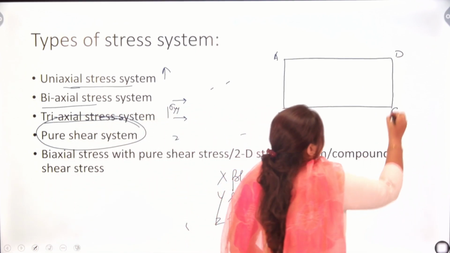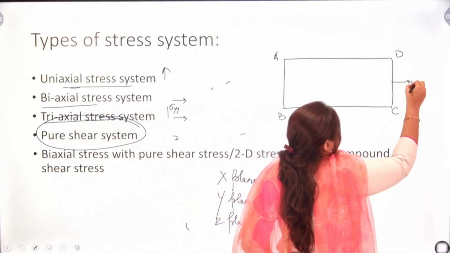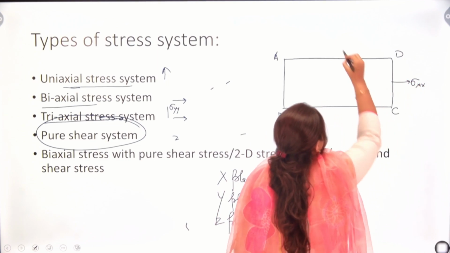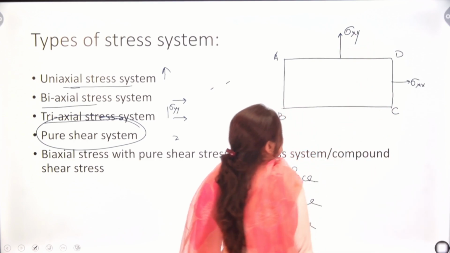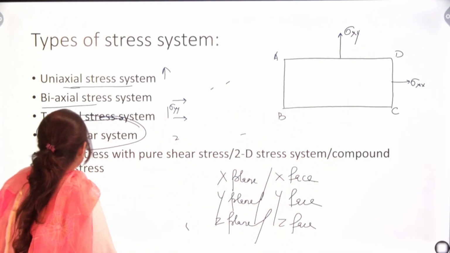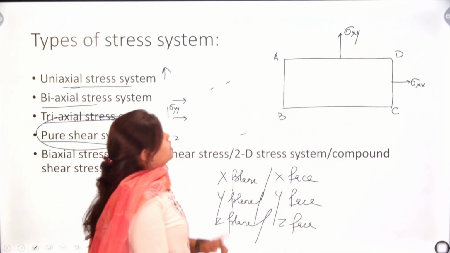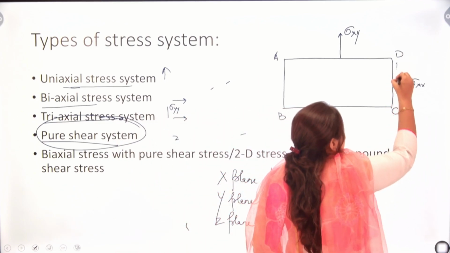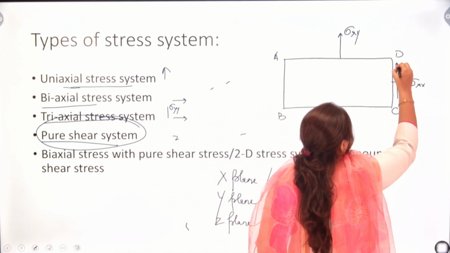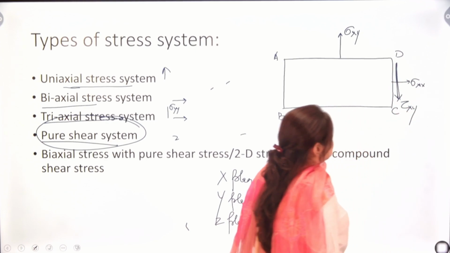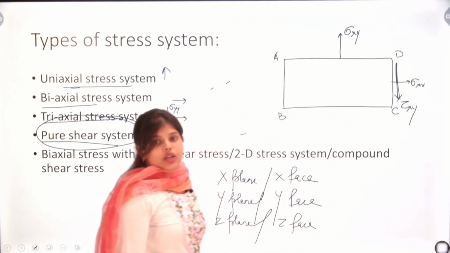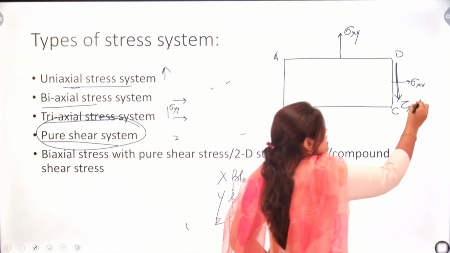In this direction there will be sigma xx, and here we will have sigma xy. In case of a pure shear system, what will happen? Here we will have tau xy, right?